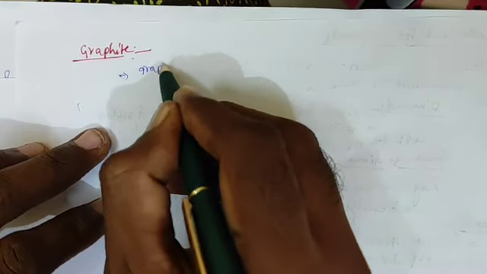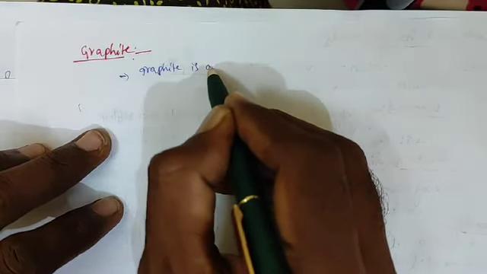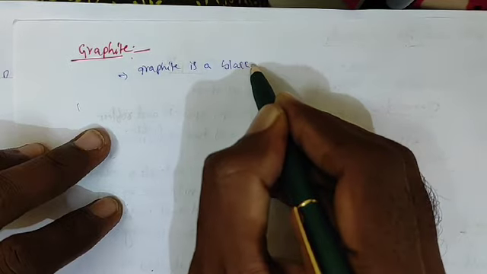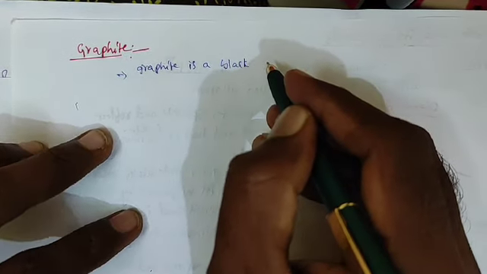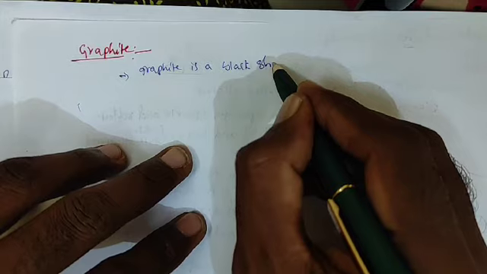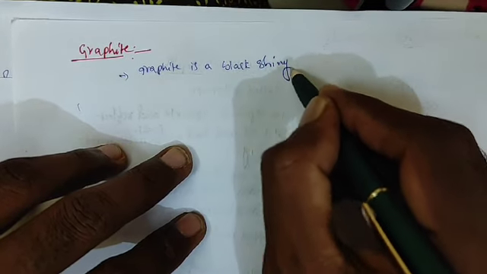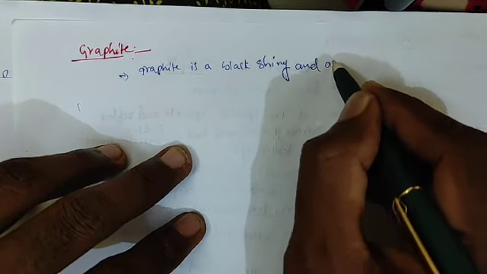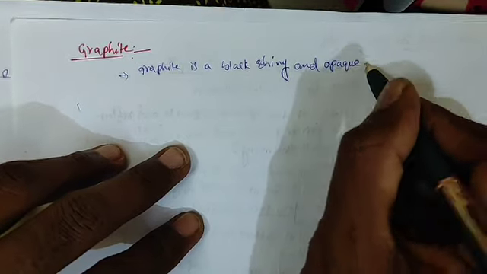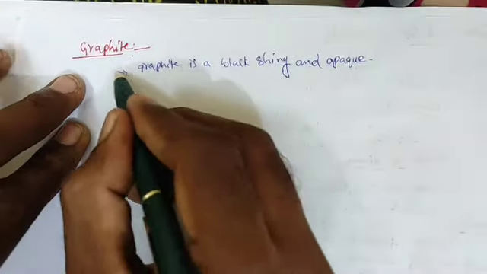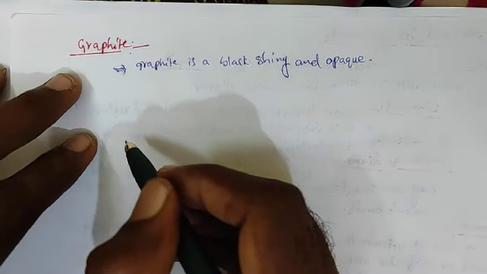Next one is graphite. Graphite is a black, shiny and opaque object.